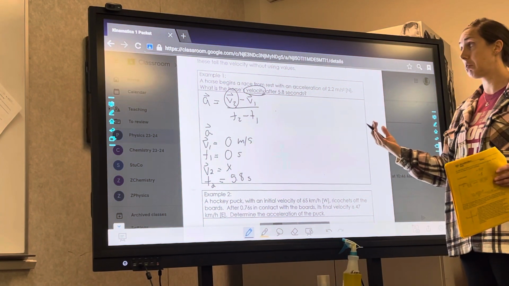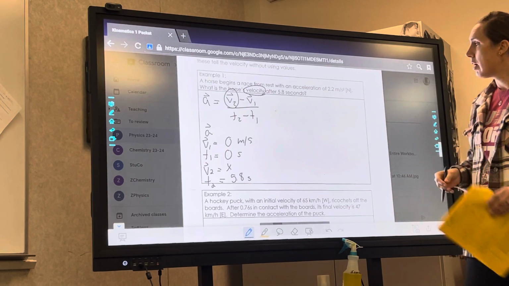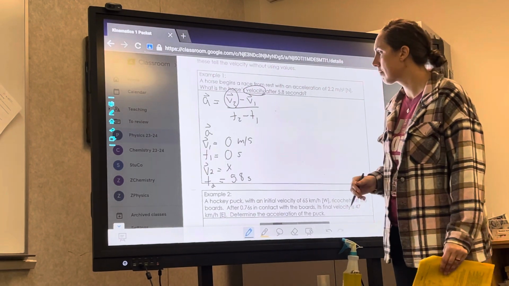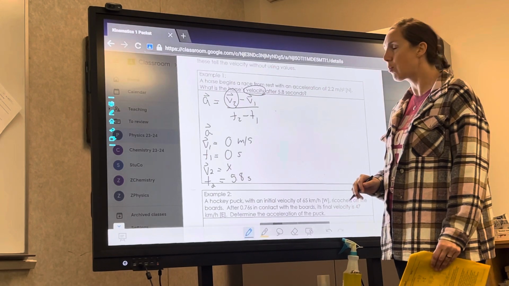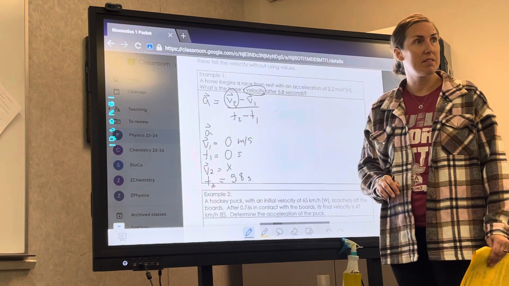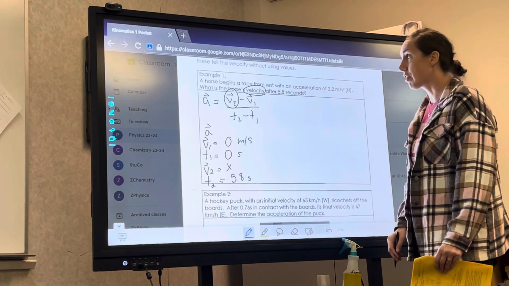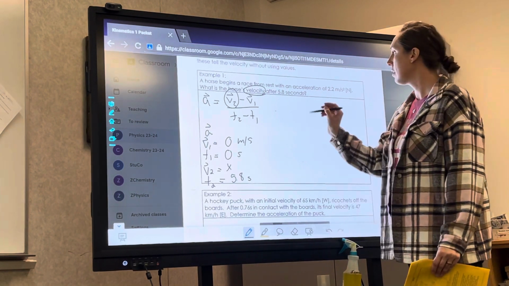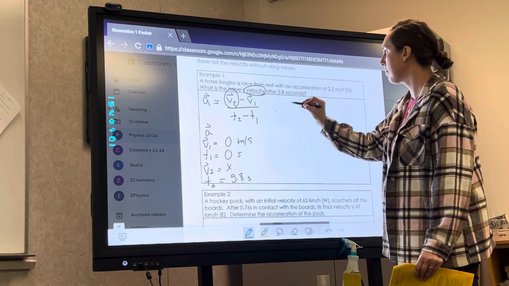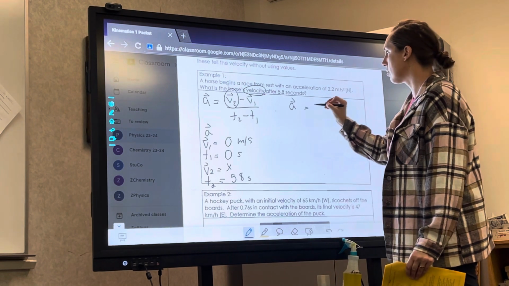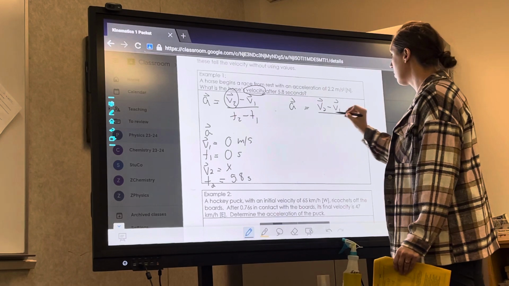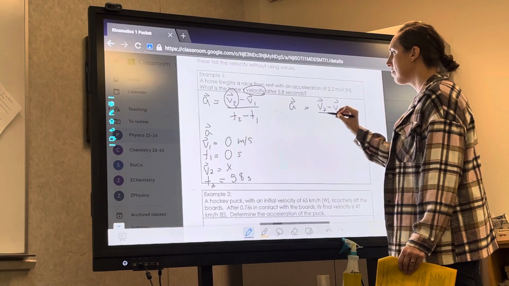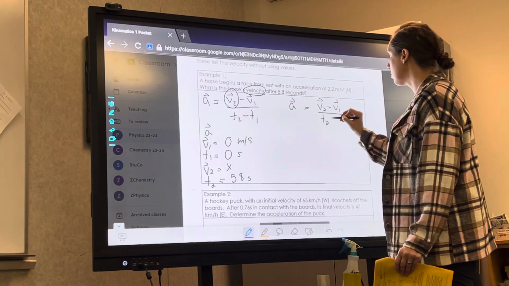Okay, let's try it. How do we get V2 by itself? First off, I'm gonna make it a little bit bigger over here. A hat equals V hat 2 minus V hat 1 all over T2 minus T1.